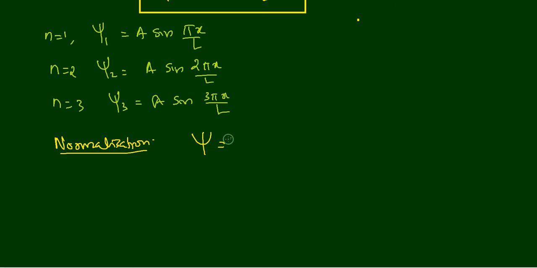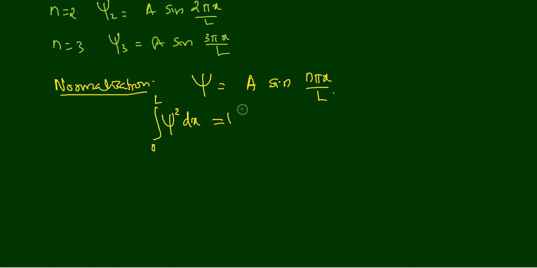Psi is equal to A sin n pi x divided by L. Normalization means integral psi square dx from 0 to L. These are the possible values of x, right? This is the lower limit and this is the upper limit. So integral psi square dx is equal to 1. That is the normalization condition. So from this equation, we can find out the value of A, hopefully.